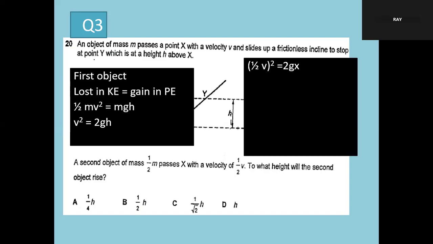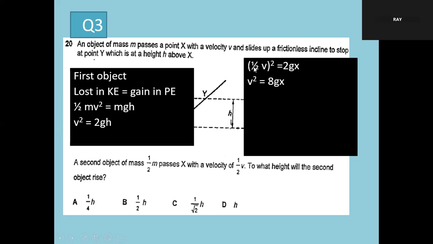So second part, replace this one with half mv squared. M doesn't come in, M cancels off already. And then the height is x, right? 2gh is x. So cancel off, you get this one. Right?